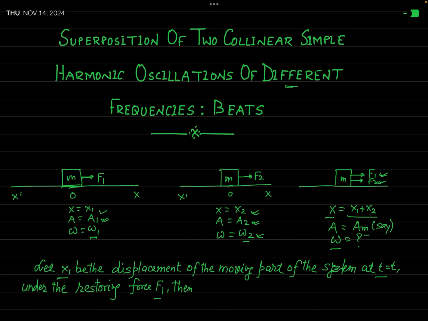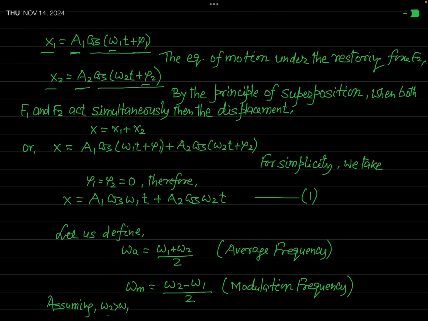If x is the displacement of this oscillator when both oscillations get superposed, then in accordance with the superposition principle, the resulting displacement x will be given by x1 plus x2.